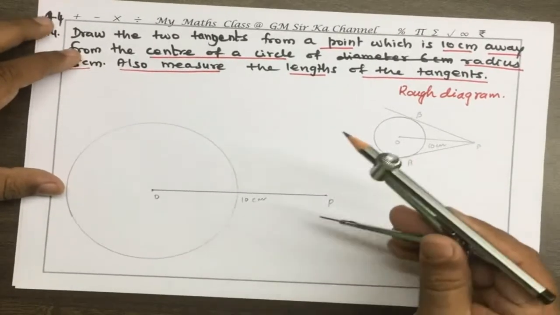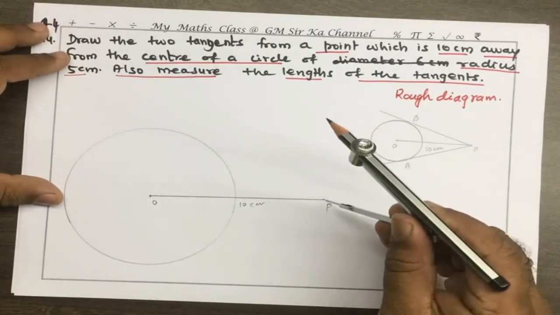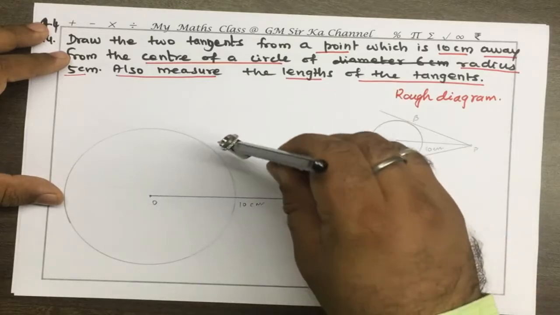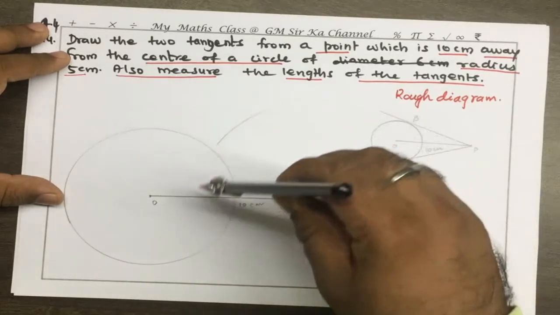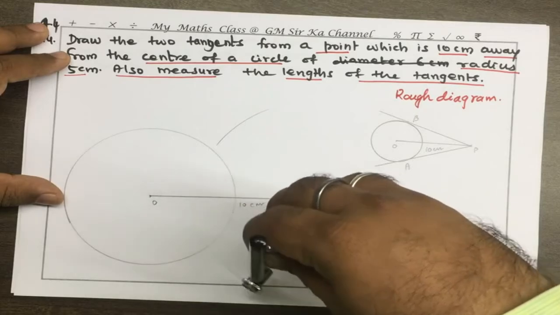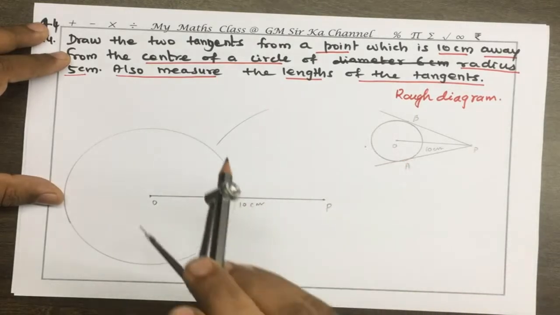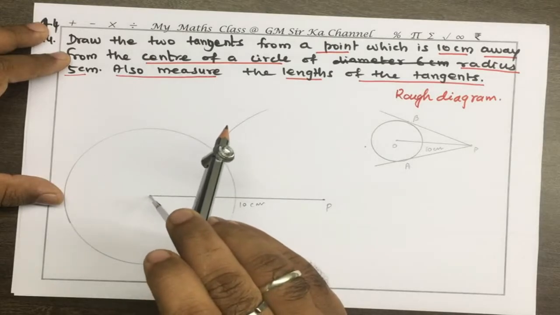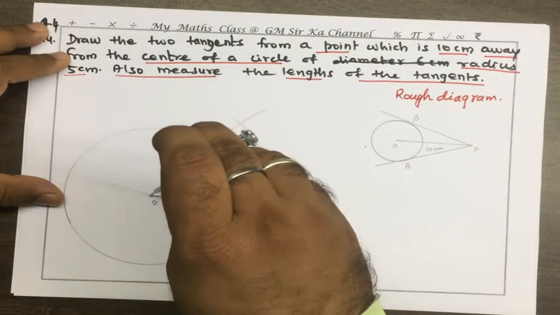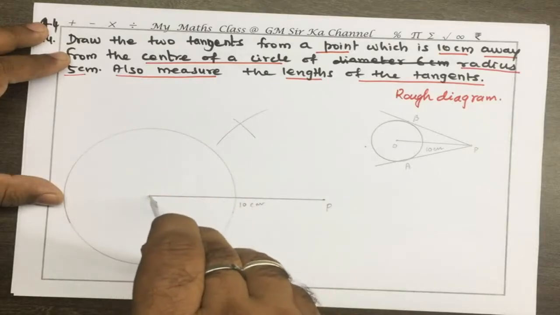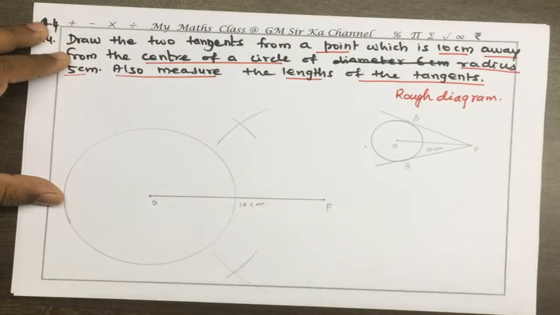Now for the perpendicular bisector of OP, from the point P arcs above OP and below OP can be drawn in this way, and also from the point O arcs can be drawn which intersect the previous arc above and below OP.